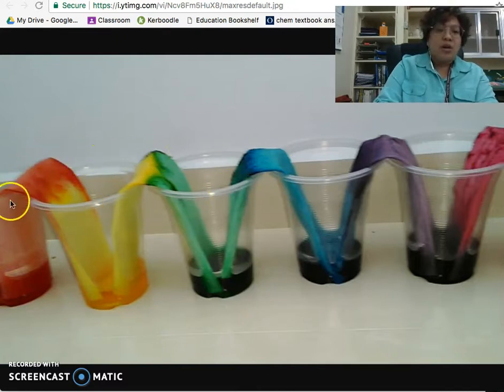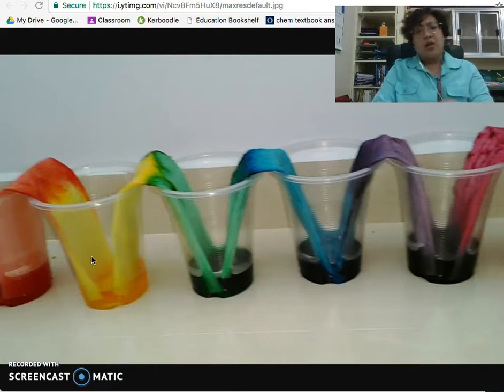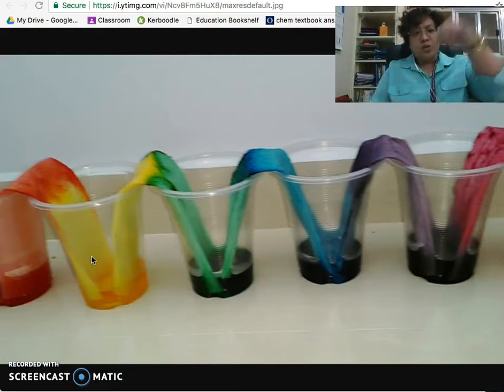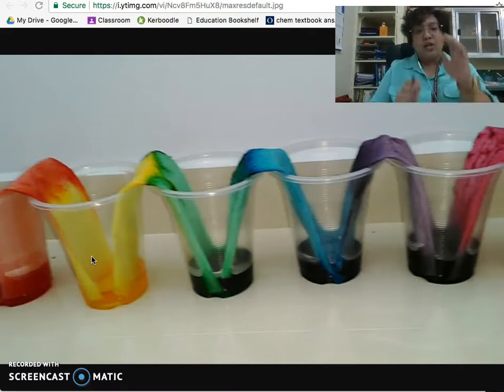The water right here can move from this plastic cup to the next plastic cup. You can try it out as well. If you have a puddle of water and you put tissue, water can seem to crawl up the tissue paper, and that property is called adhesion. It can stick to surfaces.